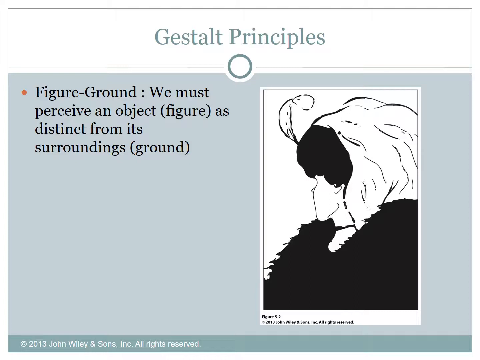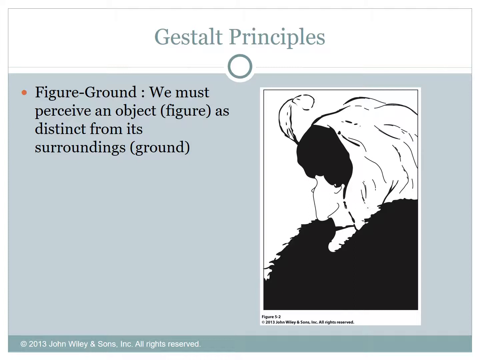But if this is her nose here and then her mouth is here, then you can start to see the old woman present in this image, where she's wearing a shawl and looking more in profile rather than looking away from you.